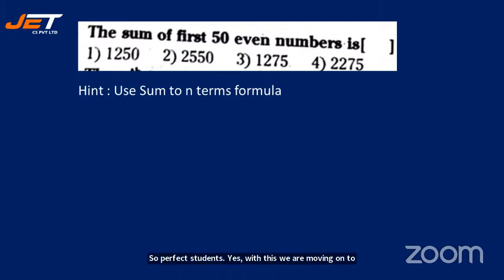The sum of first 50 even numbers is dash. So here you are given a hint to use the sum to n terms formula. Right? S_n formula. Yes, I'm giving you time. Quickly do it and give me the answer. I'm waiting for your workings and your answer.